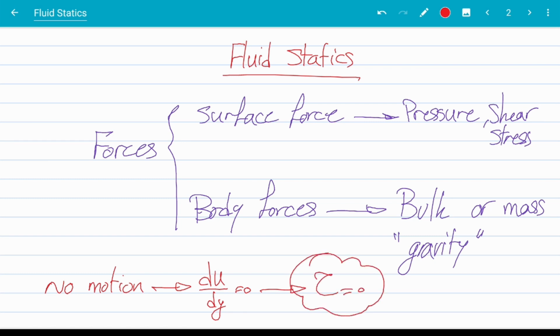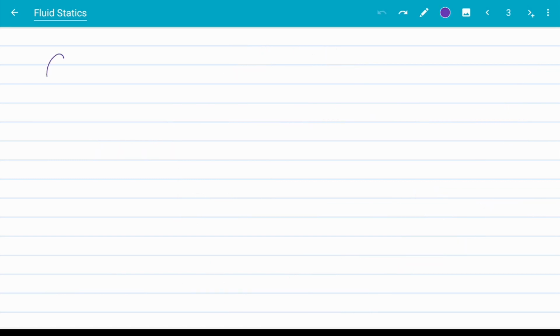Because remember, shear stress on a fluid element is directly related to the rate of deformation of the element, or the velocity gradient inside the flow. So no velocity gradient means no shear stress, and so surface forces in the case of fluid statics are reduced to pressure only. Now let's talk about the body force, gravity.